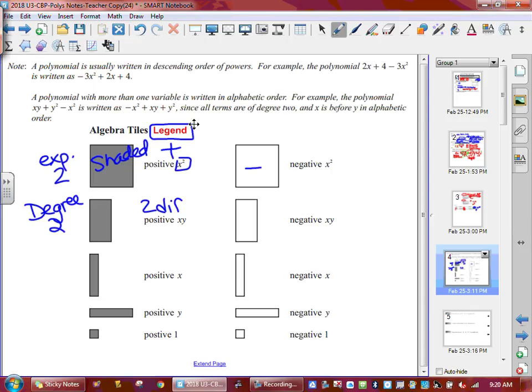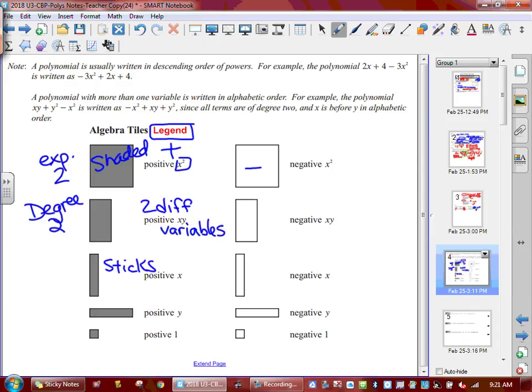So, it's a rectangle, but what do you notice? It's definitely double the width of this long, skinny rectangle. So we call these long, skinny rectangles, sometimes we call them sticks. Okay, and that way we can tell the difference between a stick and just a normal rectangle.